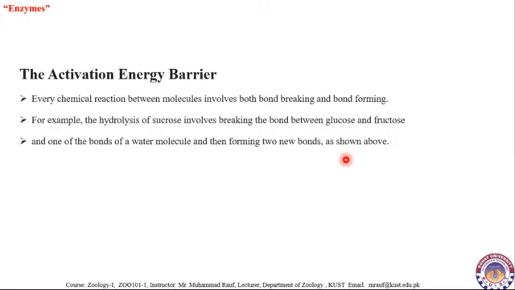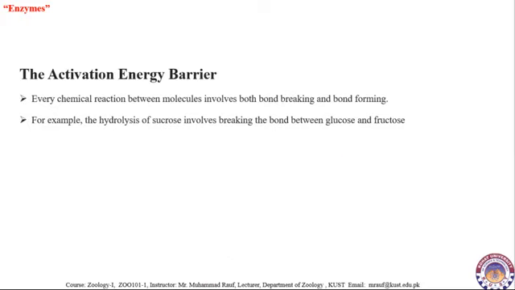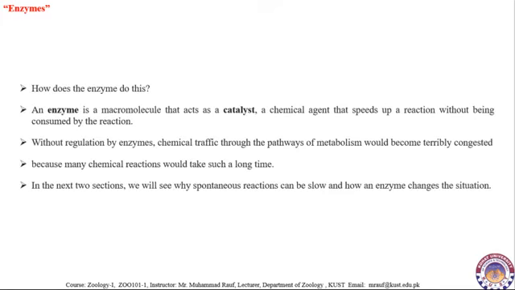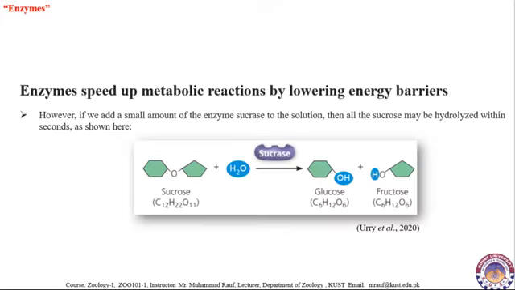You just saw the figure. You will go back there. So here you can see this is the bond breaking process. Similarly, the water molecule is also dissociated, and then the hydrogen and hydroxyl ions form bonds with the glucose and fructose, the two monomers.